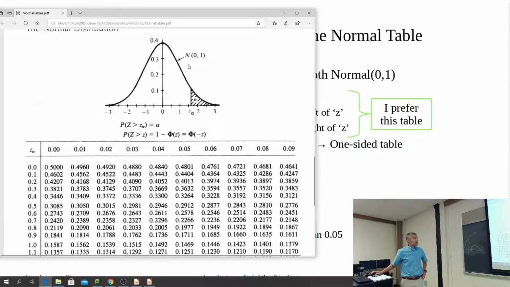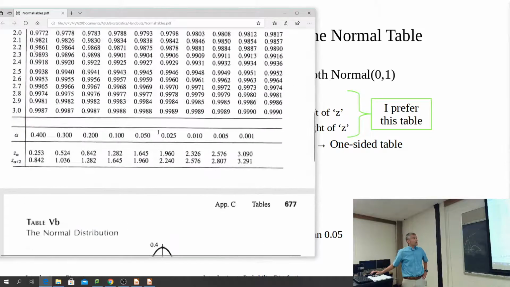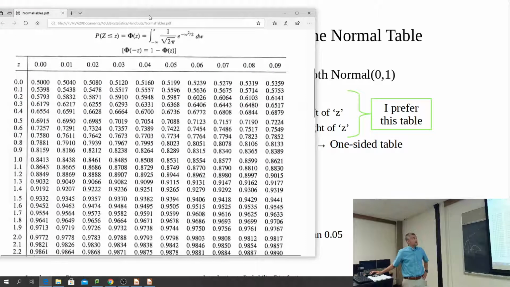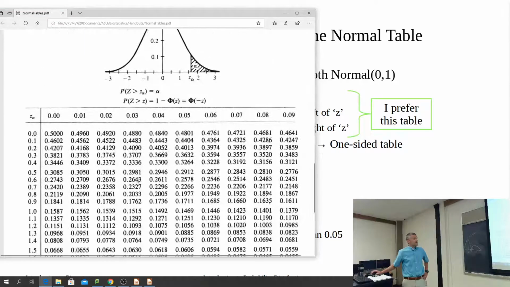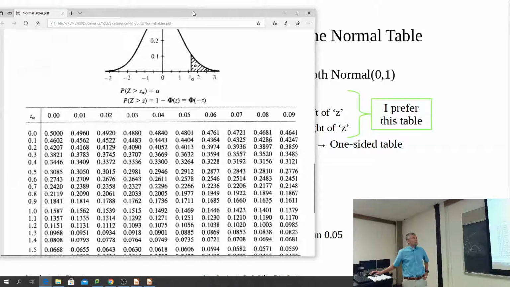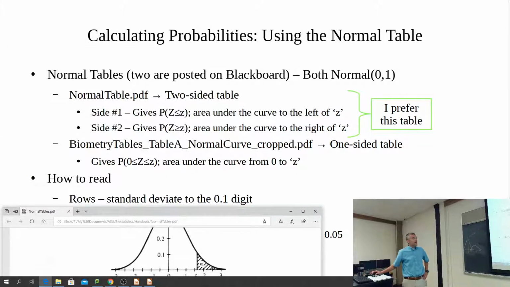So no matter what, we don't really have to worry about the greater than or equal to sign. This one gives us less than or equal to z. That's standard, so it includes that value. This one does not include that value, but in reality, there's really no difference. It's minuscule. So this is the table that I prefer.